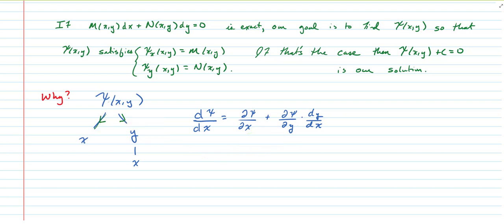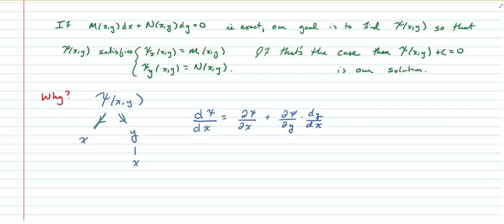But notice that y depends on only one variable, x. So for this leg of the tree diagram, I just use the ordinary derivative. Folks, if you don't know these tree diagrams, please don't stress about them. Instead, just know this is how we take the derivative of this function psi with respect to the variable x by this expression here.